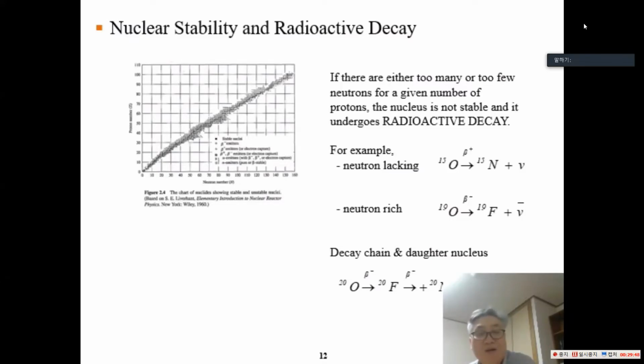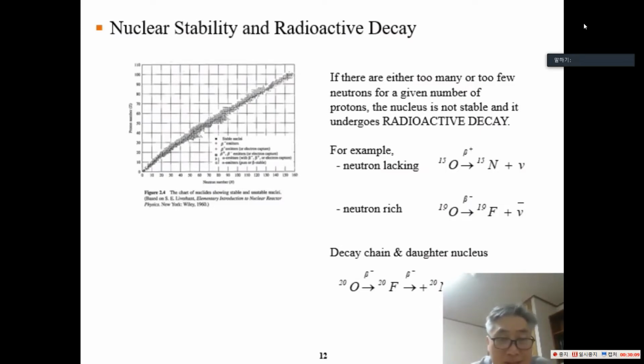Okay, anyway, so this is the figure for the elements. What we have to focus on is, from the small one, from small particles, small proton number and small neutron number, the ratio of the number of protons and neutrons is normally 1 to 1.